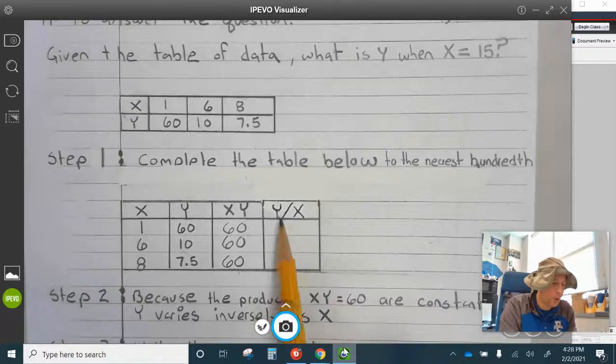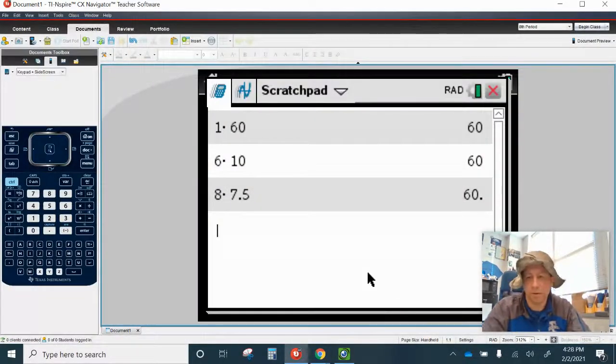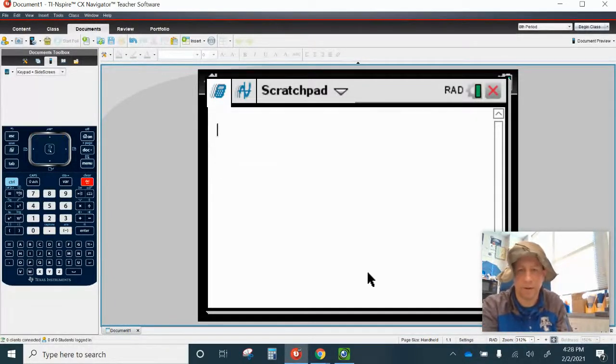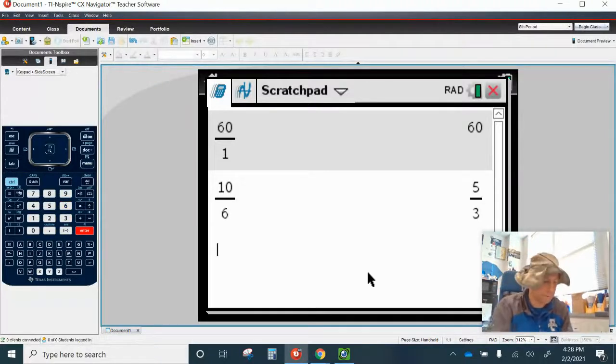Now we need to do y divided by x. So now 60, and actually let me delete this. 60 divided by 1 is 60. 10 divided by 6 is 5/3.